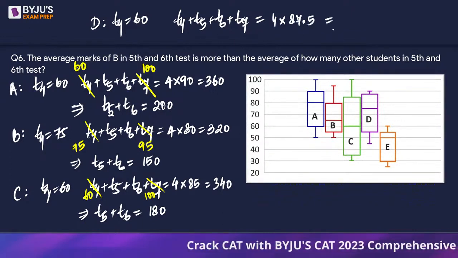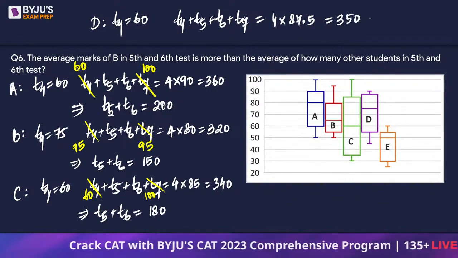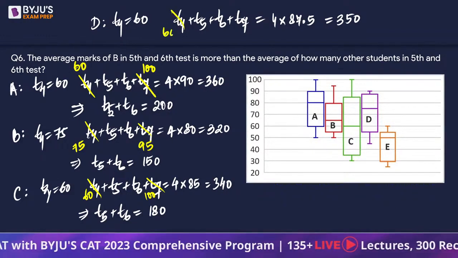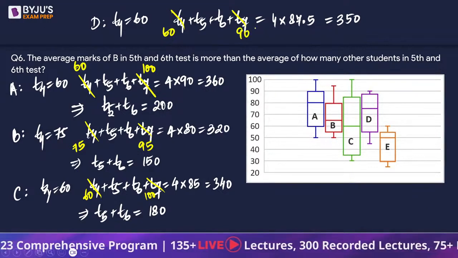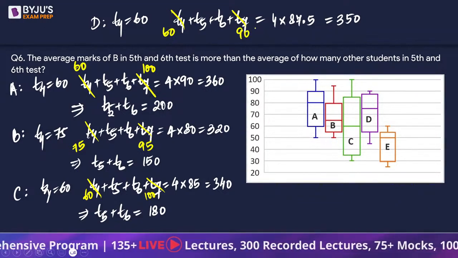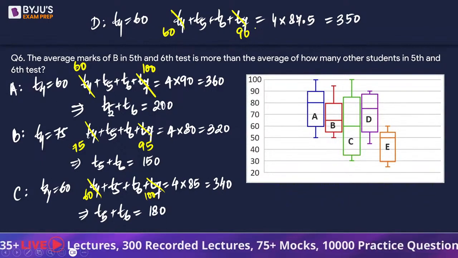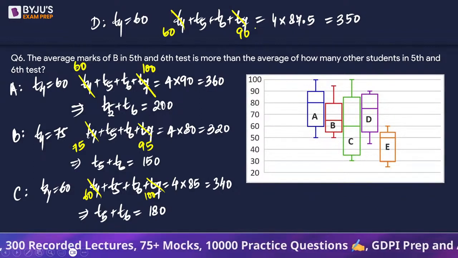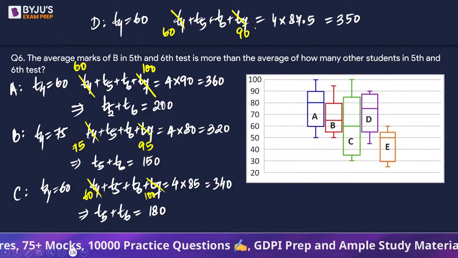Which is going to give us 350. Out of this, we know that T4 is 60 and T7, D का highest जो है वो अपना 90 है. So 150 is there, which doesn't make sense, right?